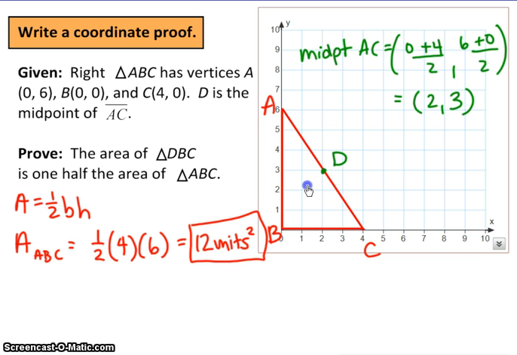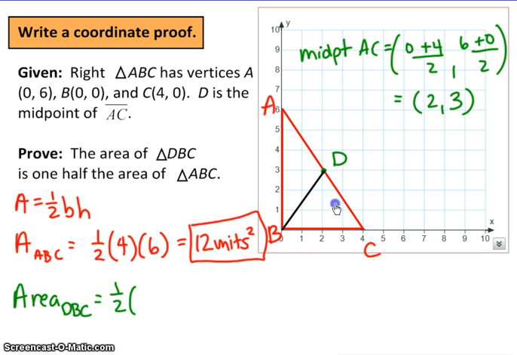Now it's our goal to find the area of triangle DBC. So it's still 1/2 base times height, okay? It is our job now to find the base and the height.